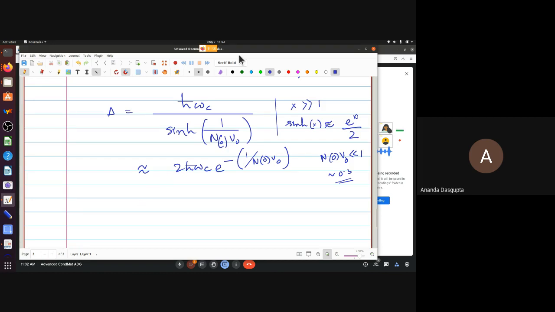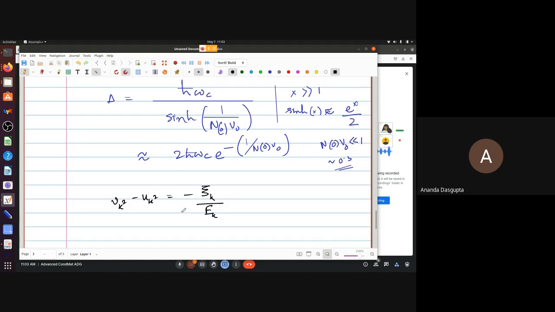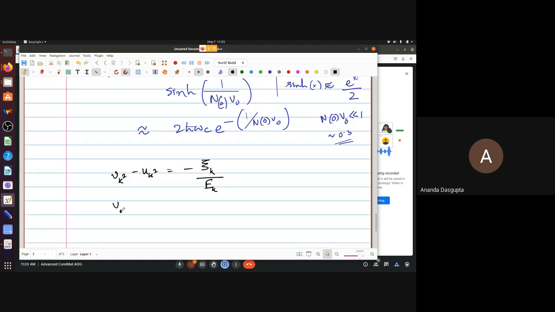Okay, and how do you find out the Vk squared and Uk squared? Well, we are already done, because remember Vk squared minus Uk squared was simply given, and Vk squared plus Uk squared is 1. Sorry, I put the squares in the wrong place. The squares are, of course, for the Vk's.